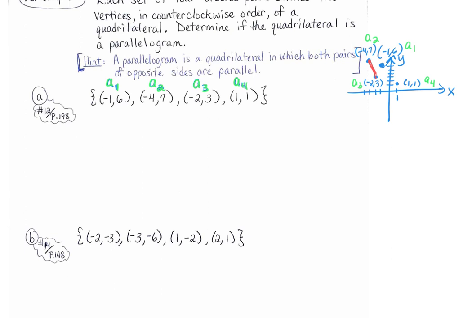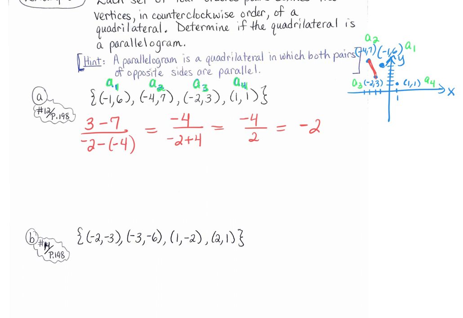Here, you can choose whichever one. 3 minus 7 over -2 minus -4. That will give us -4 over -2 plus 4, which is -4 over what? 2, good, which is what? -2, good.